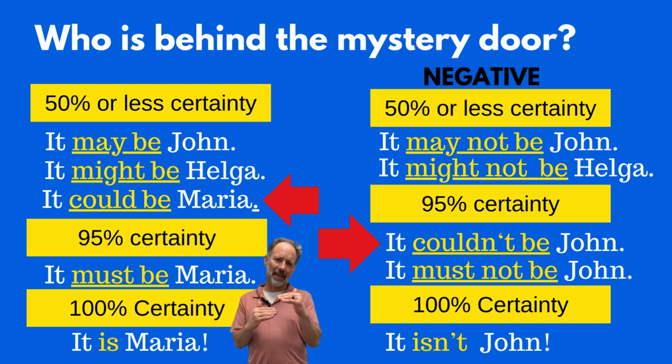So couldn't be gives me the idea of it's not possible, like I'm 95% sure. So that could, which is less than 50% on the left, changes to 95% when we make it negative. Otherwise, everything else is pretty logical, whether it's on the left side or the right side.